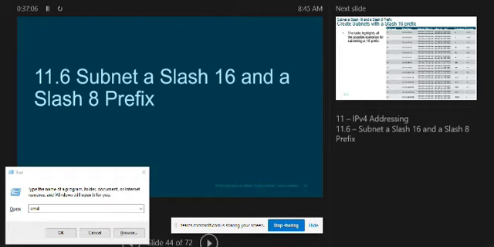The host numbers that they're getting is anything in between. So if I have any of these bits on, if it's not all zeros and it's not all ones in the host field, then we actually have an IP address.